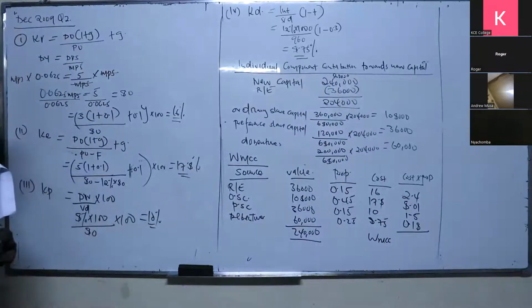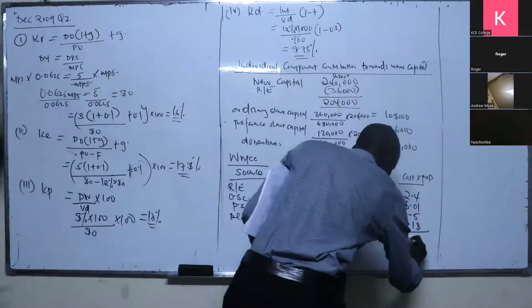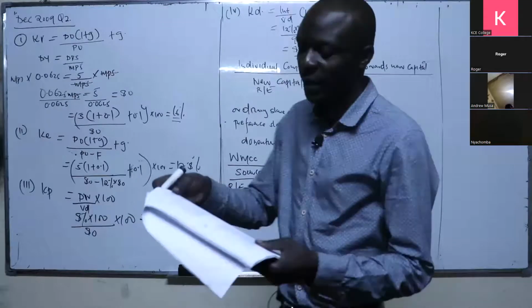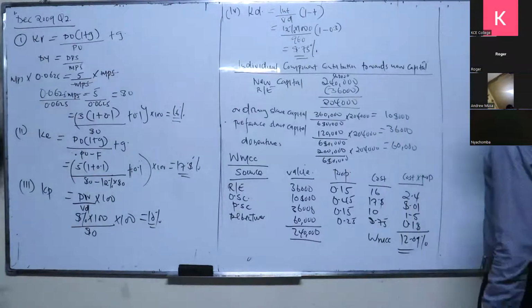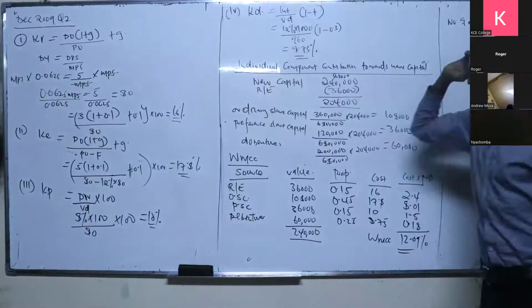Unapata ngapi? 12.09%. So the question also required us to determine the number of ordinary shares to be issued.